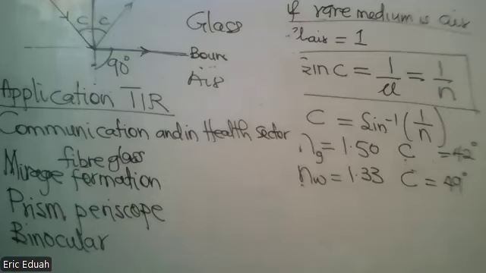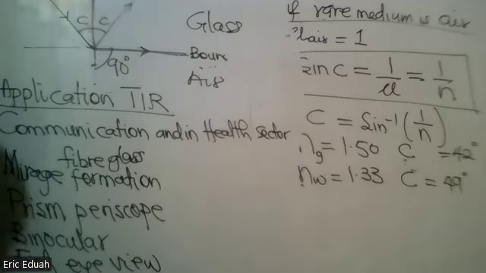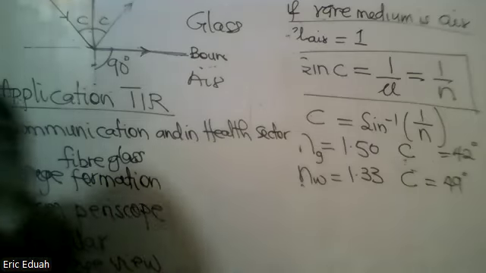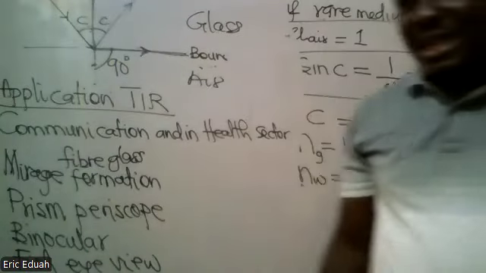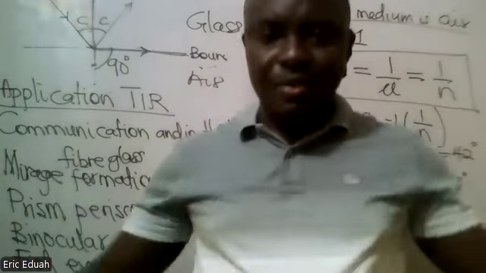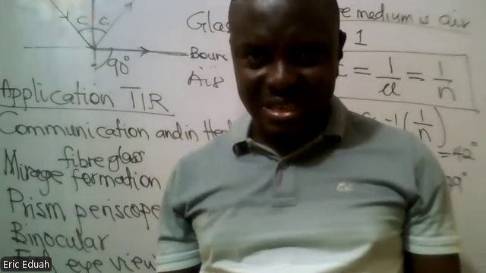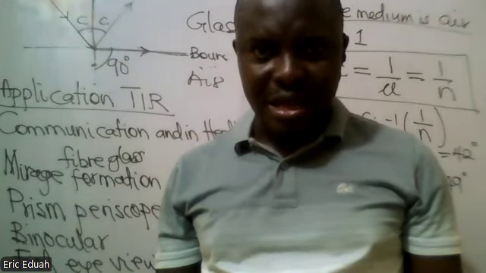Another application of total internal reflection is the fish eye view. I've given you five. The fish is such that it can have a 360-degree view in water.